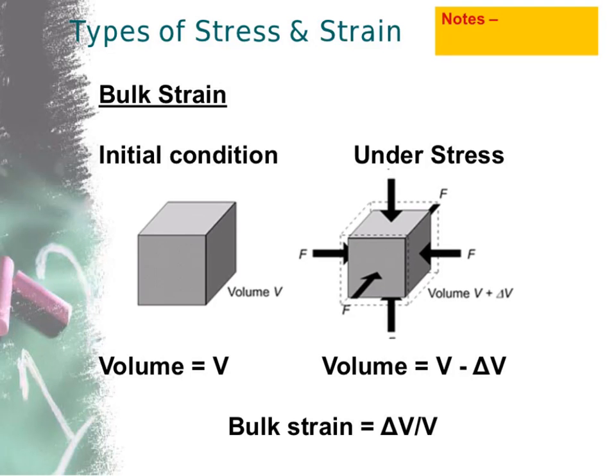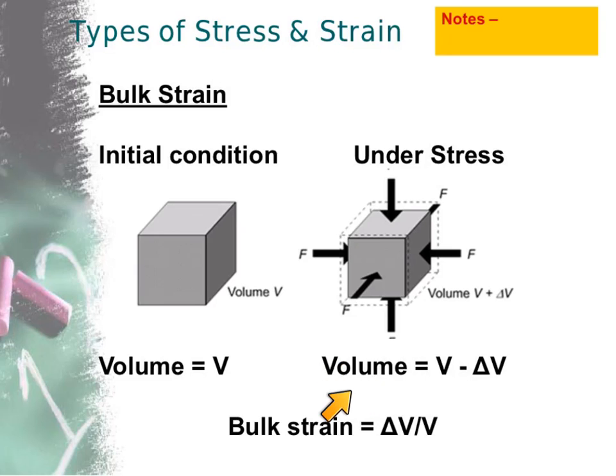Now, bulk strain, you could imagine that when this thing is out in air, at room temperature, it has a volume V. But then if we stick it in our tank and it undergoes a pressure P plus delta P, well, its volume is going to shrink because it's not an absolutely rigid material.